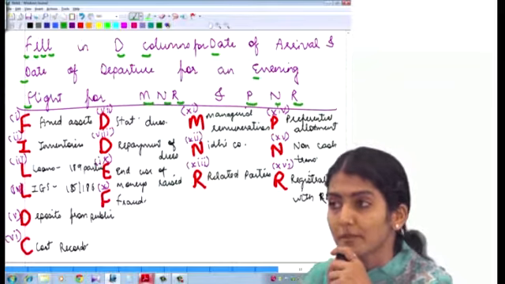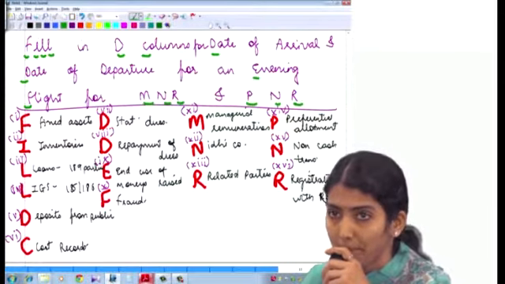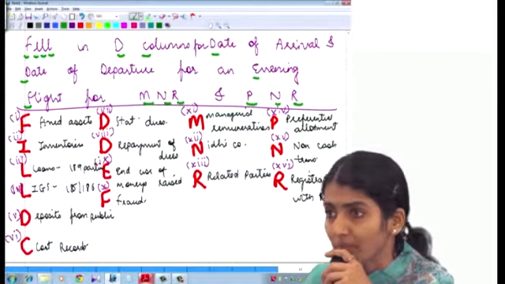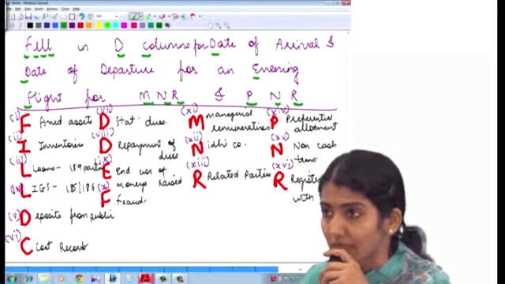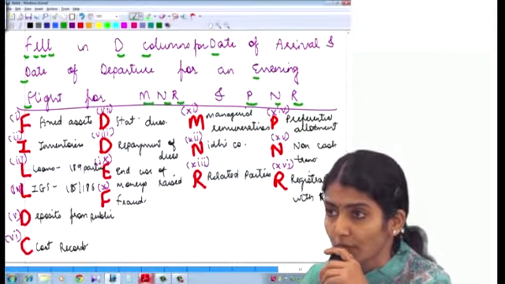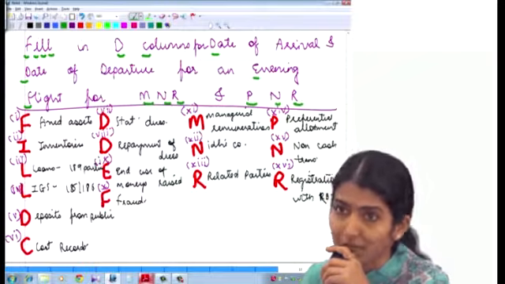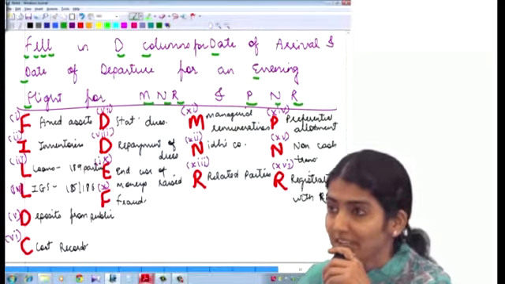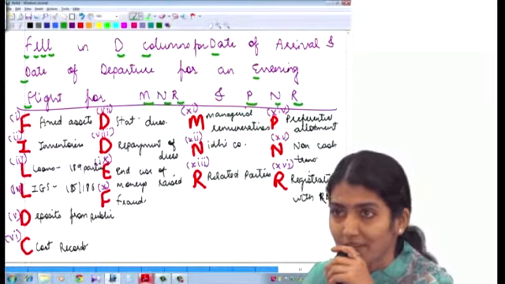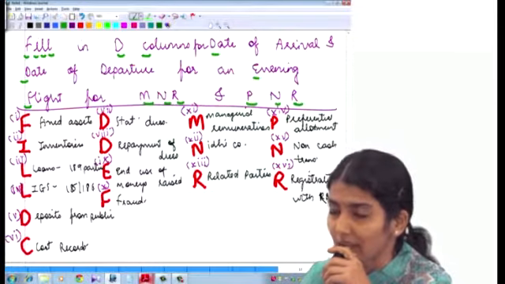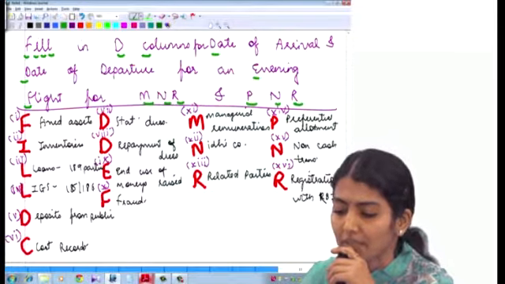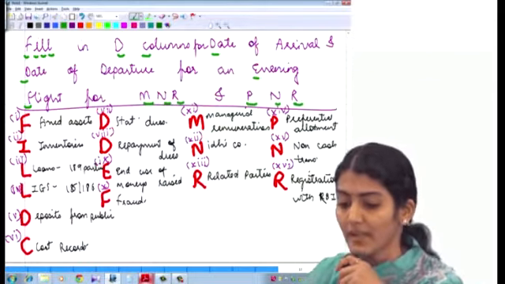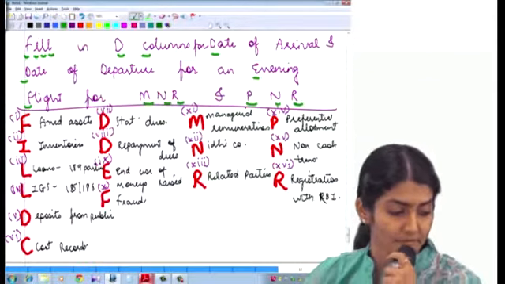So one thing you have to remember is the possible exceptions, and then after that, fill in the columns. Adjustment you have to do. Right, fill in the columns for the date of arrival and date of departure for an evening flight for MNR and PNR. Now, okay, right, then I'll discuss further.